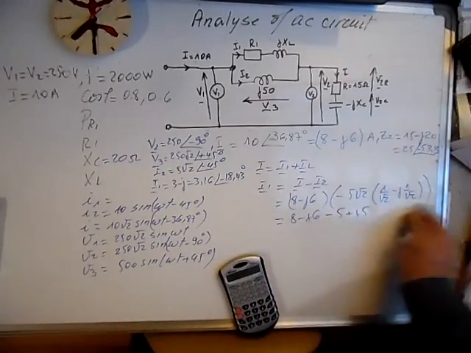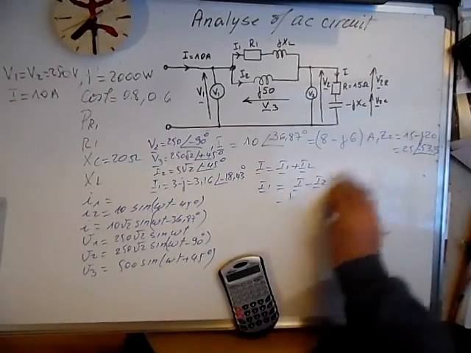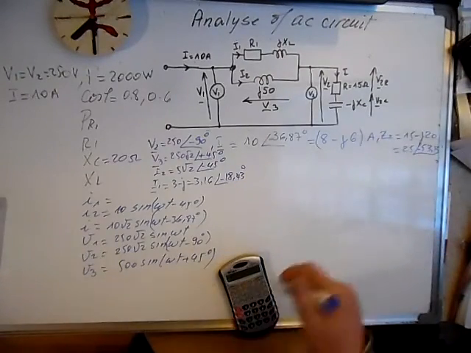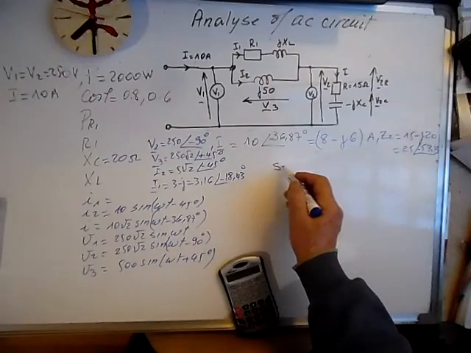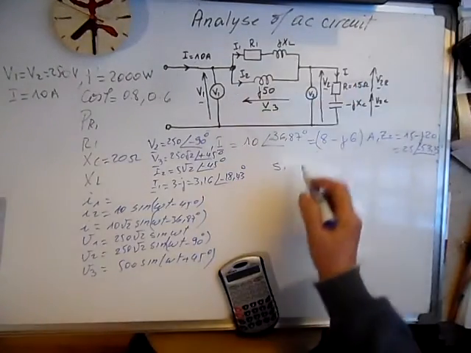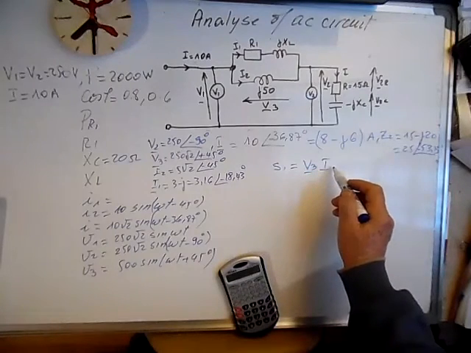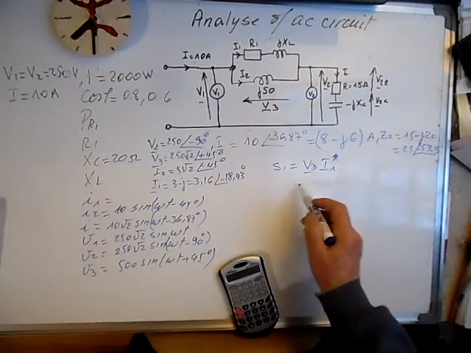Now we can calculate what is left: PR1, R1 and XL. We can calculate the apparent power here. So this is V3 times the conjugate of I1.